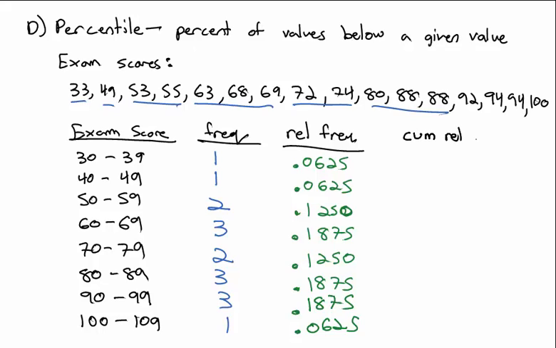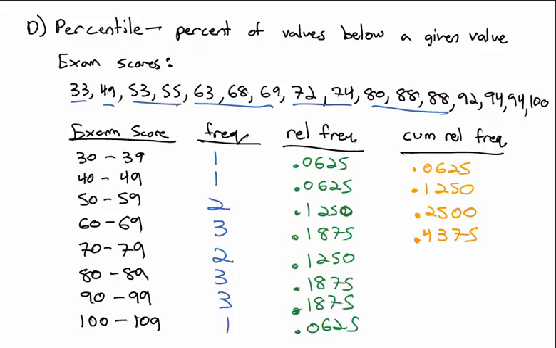Still need the cumulative relative frequency for our table. So if we start to add these up, we start with 0.0625 plus 0.0625 is 0.1250 plus 0.1250 is 0.2500 plus 0.1875 is 0.4375 plus 0.1250 is 0.5625 plus 0.1875 is 0.7500 plus 0.1875 is 0.9375 plus 0.0625 is 1.0000.